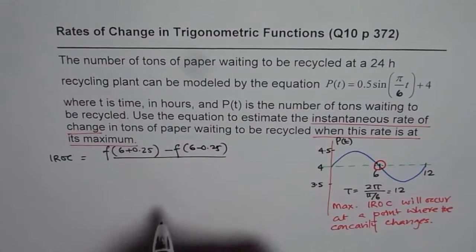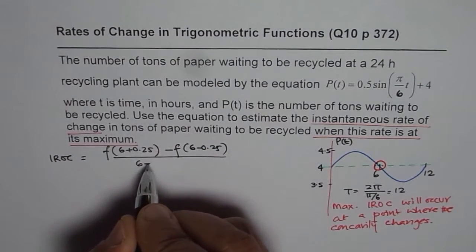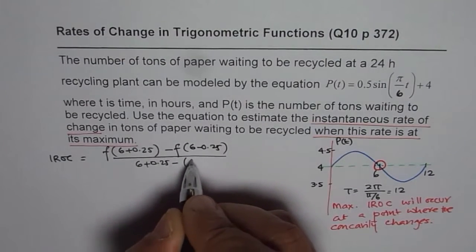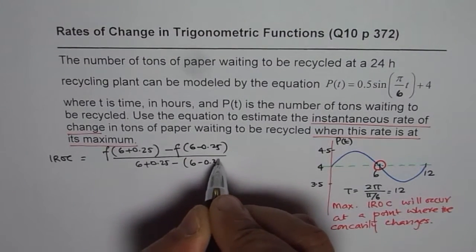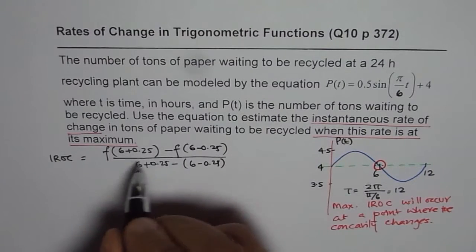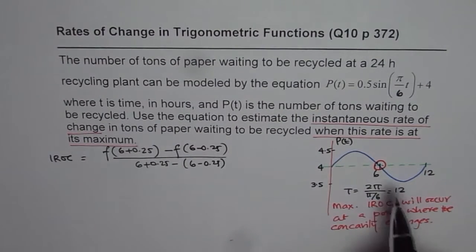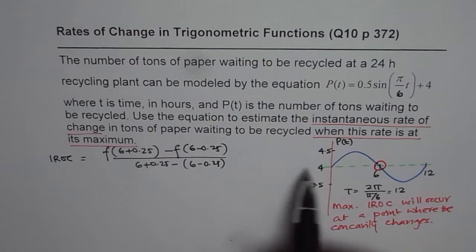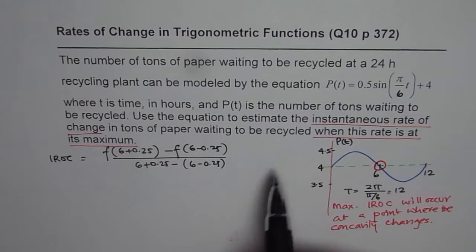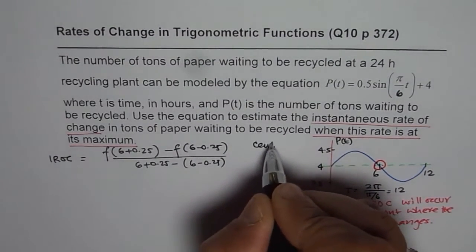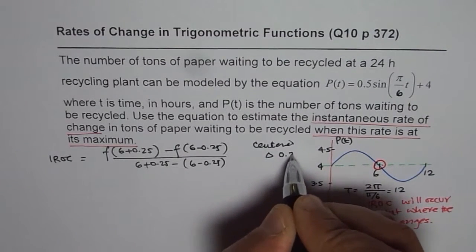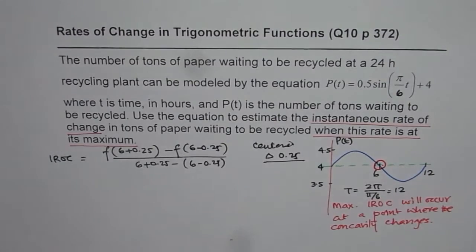This is 6.25, and we divide by (6 + 0.25) minus (6 − 0.25). That will give us the instantaneous rate of change where we expect it to be maximum, with a centered interval of 0.25 on either side. So we are using a centered value, with delta 0.25.